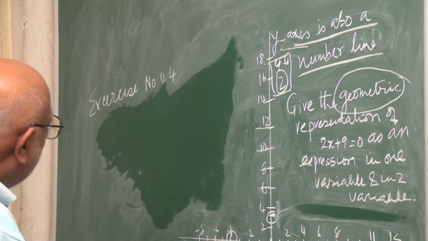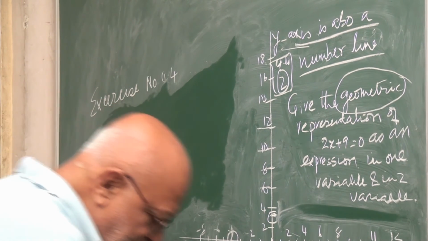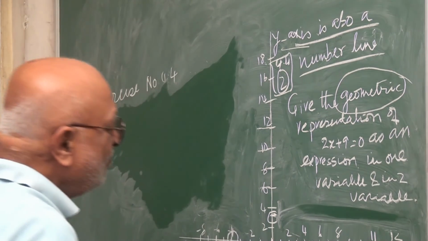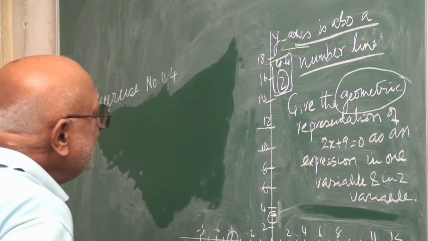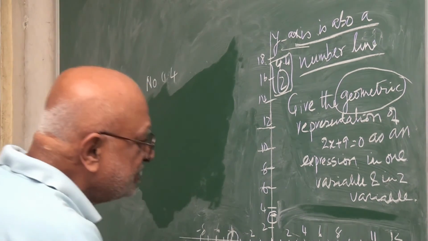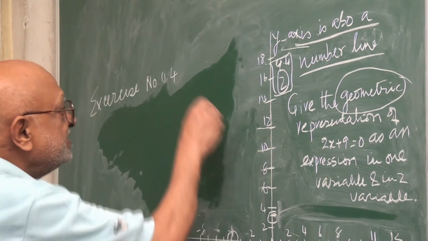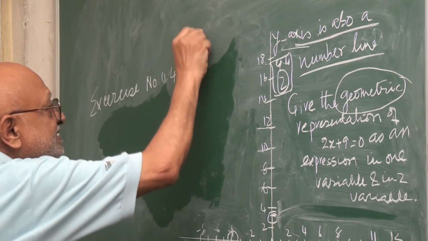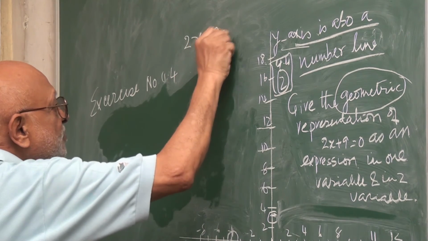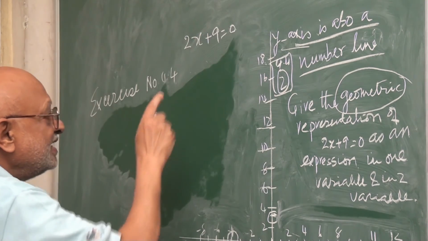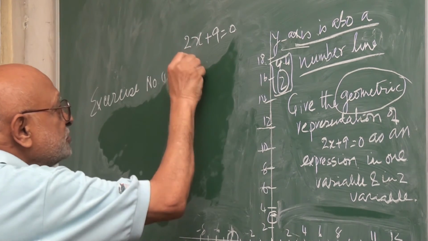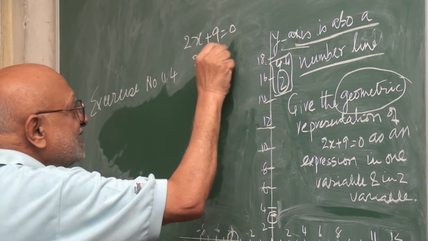Okay, so what is our assignment? Our assignment in this case is to tackle this particular equation, that is 2x plus 9 equal to 0. So I definitely get value of x. So 2x is equal to minus 9.